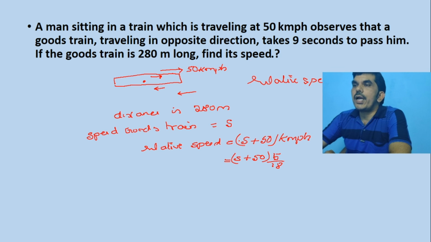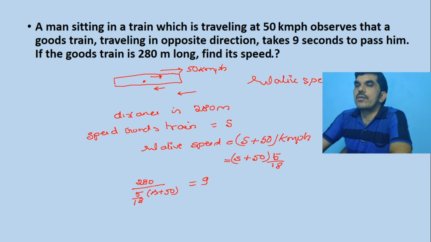Distance is 280 and relative speed is (S plus 50) into 5 by 18. What is given? The time taken to cross the goods train is 9 seconds. That is, sorry, distance by speed. That is 280 divided by (5 by 18 into (S plus 50)), distance by speed in meters per second, equal to 9.